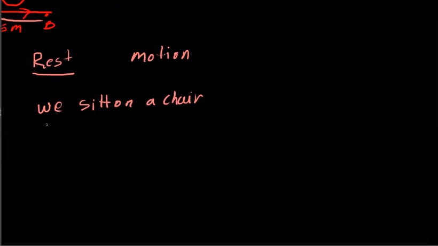Our immediate surrounding is our room. Now you can observe that the things in your room, like your bed, your chair, the television, or the furniture, do not move. So what we can say is that your body is at rest.